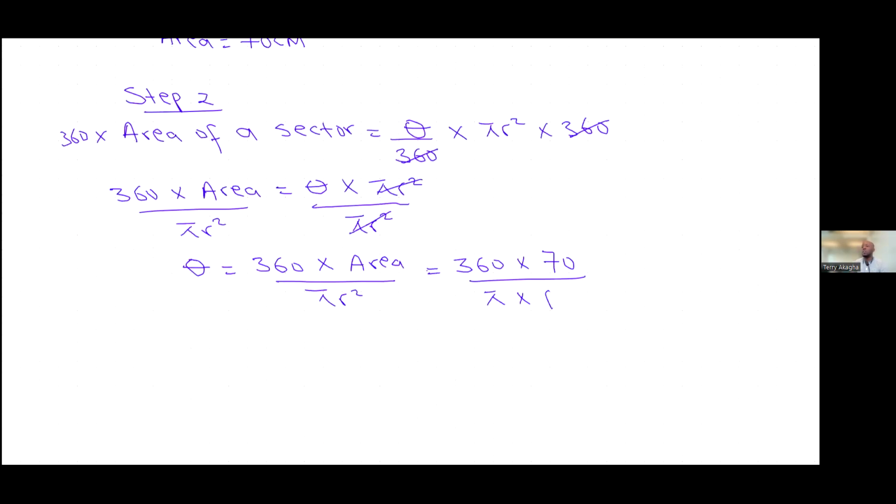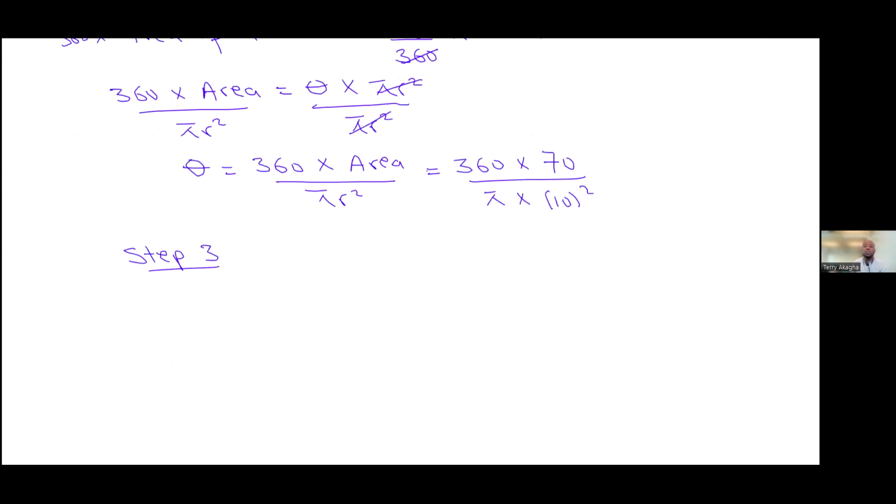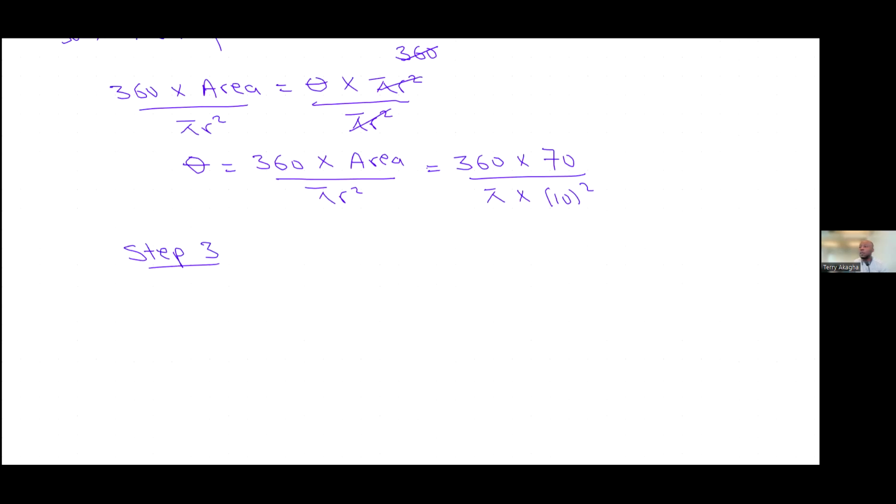This is going to give us theta. Step three, we punch it into the calculator to get the answer. When you punch this into your calculator, theta is going to be 80.21 degrees. And that will be the answer for that.